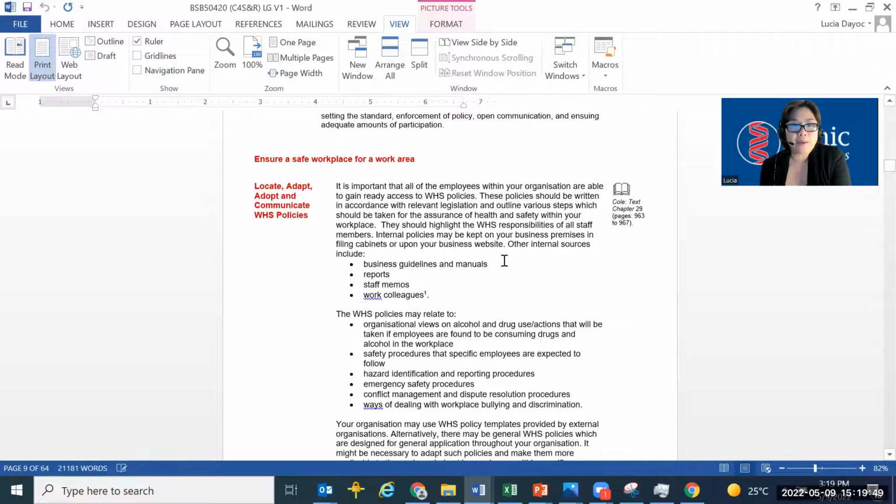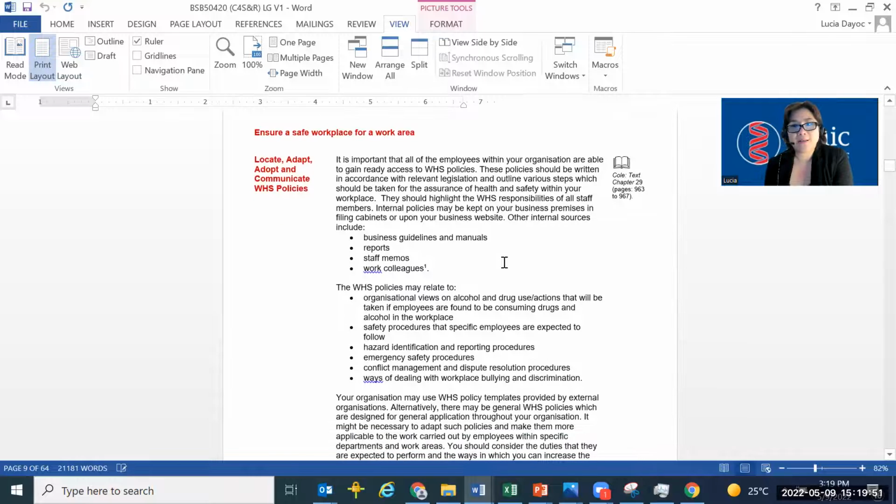Now, our next topic is about locating, adapting, adopting, and communicating work health and safety policies. It is important that all of the employees within your organization are able to gain access to work health and safety policies.